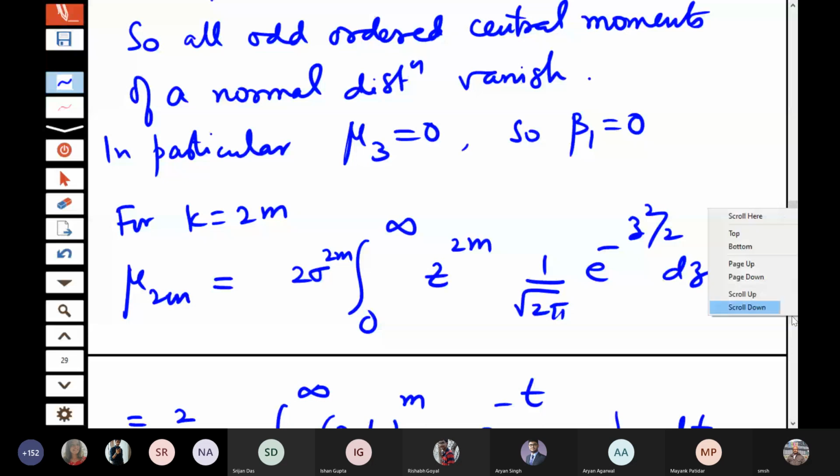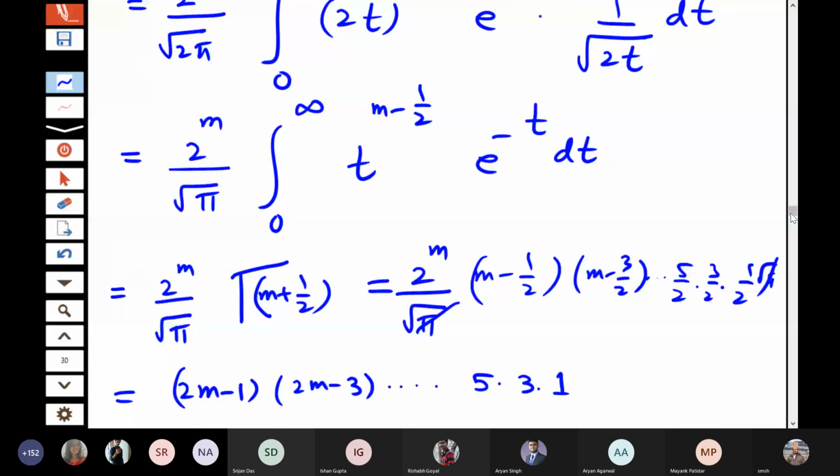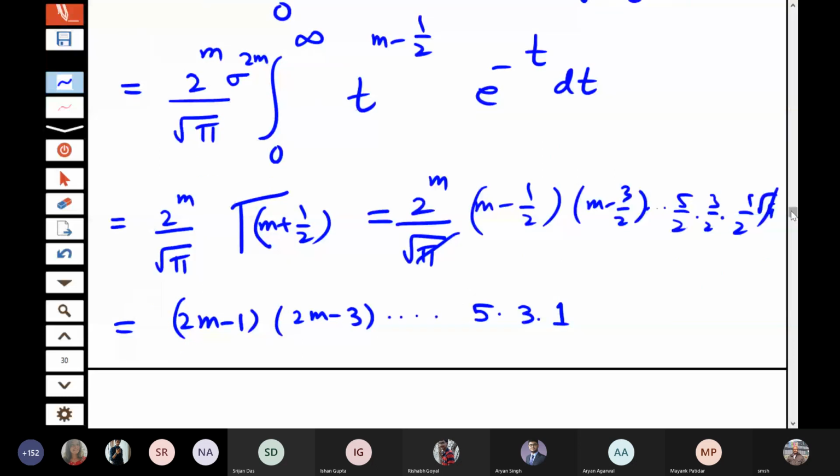So then the next term becomes sigma to the power 2m, and here also you have sigma to the power 2m.